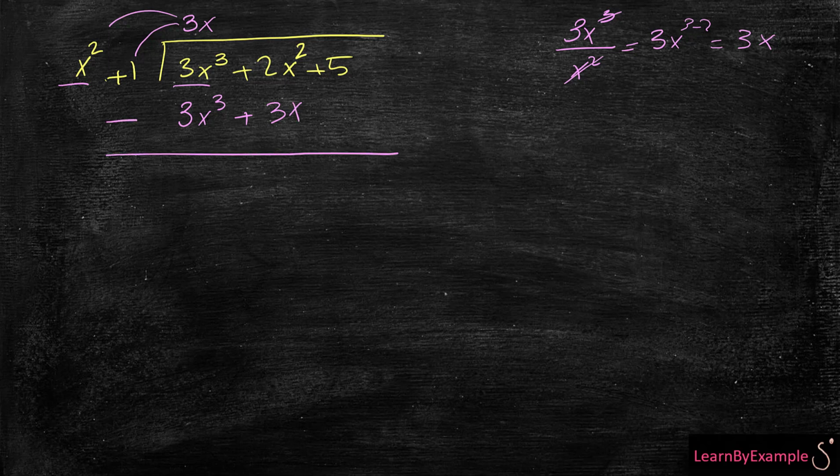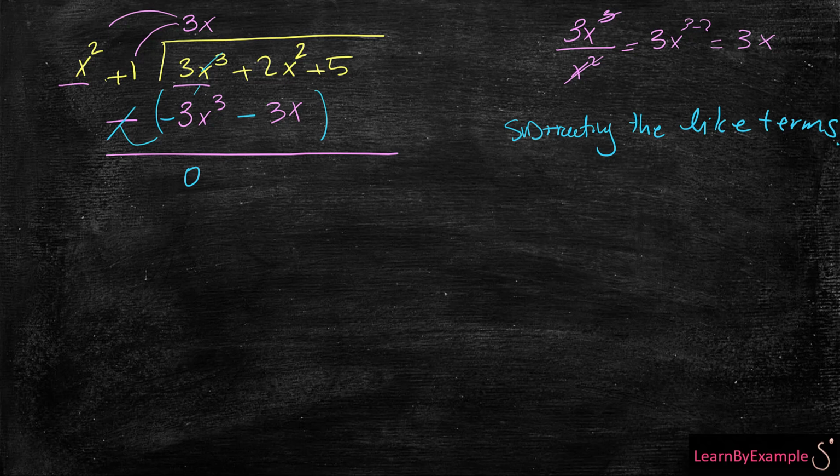And then I'm going to subtract these from each other. And remember, when we're subtracting or adding the like terms, as we mentioned before, it's very important, and I'm going to show you why. I'm going to multiply the minus sign into the bracket, so I get a negative 3x cubed and a negative 3x. So I'm going to get rid of that. 3x cubed minus 3x cubed will just give me a 0.